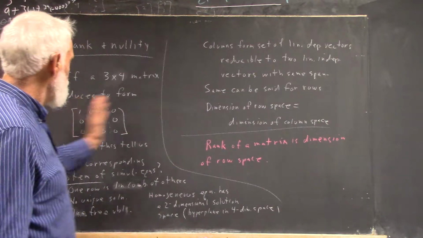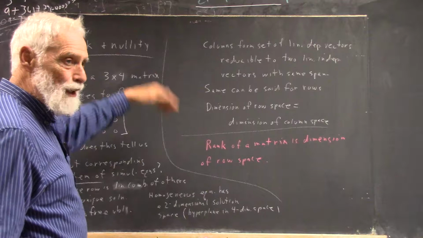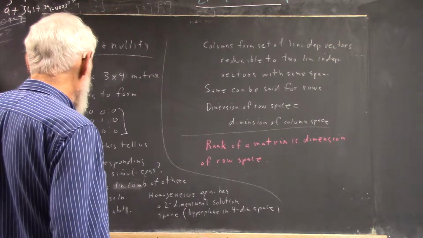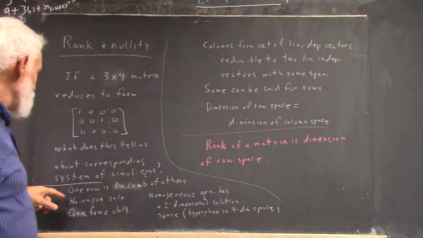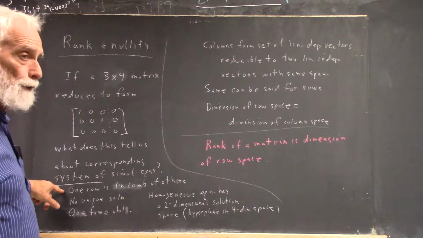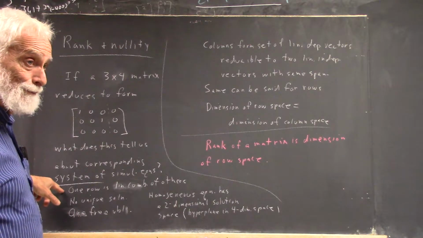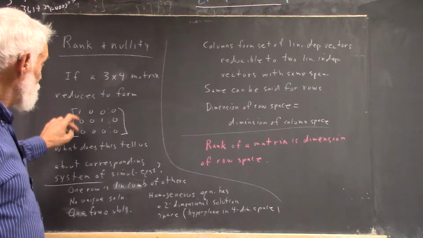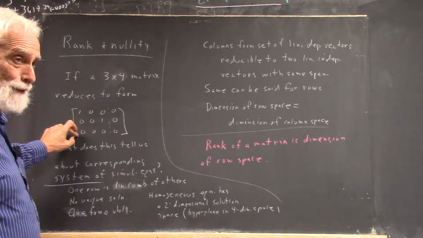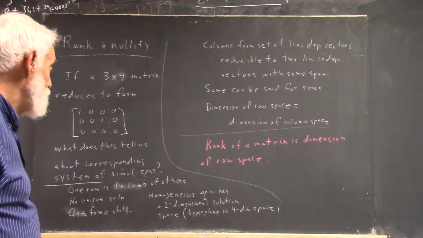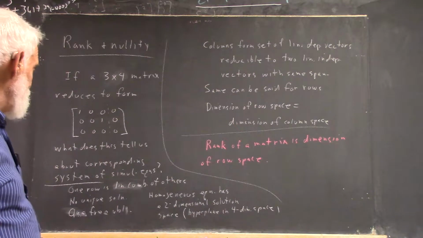But you can imagine there's another column, in which case you have that. Okay? It tells you there's no unique solution. One row is a linear combination of the others. At least one of these rows is a linear combination of the others in the original matrix.